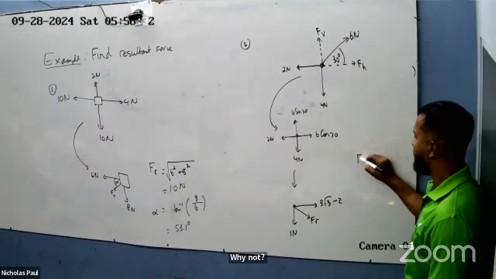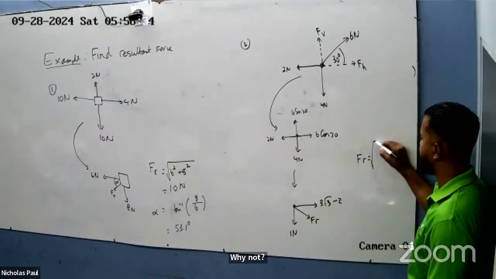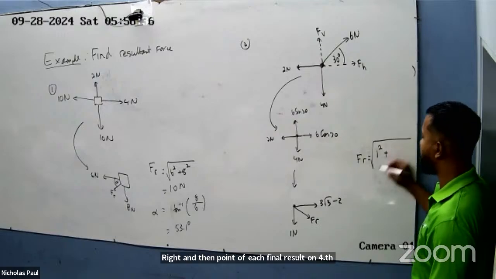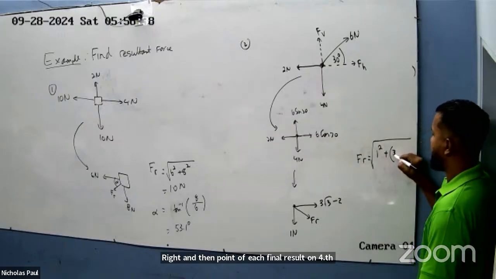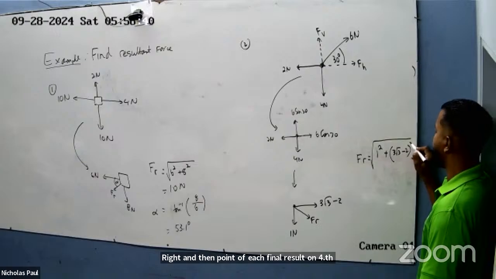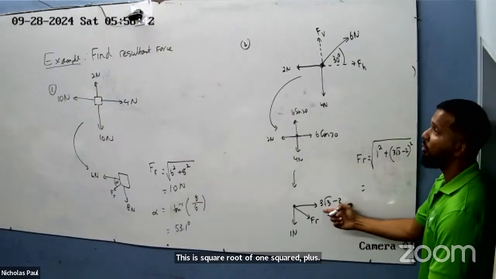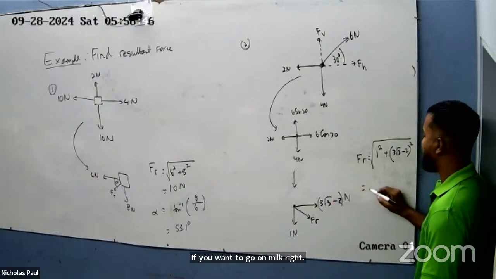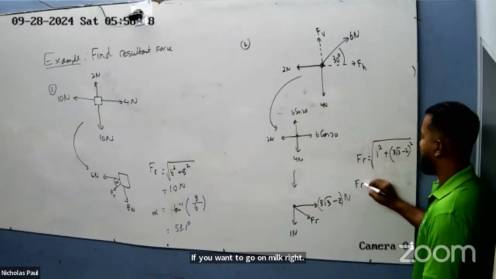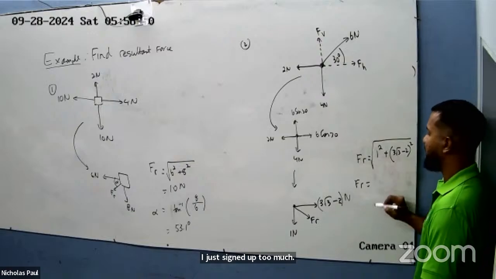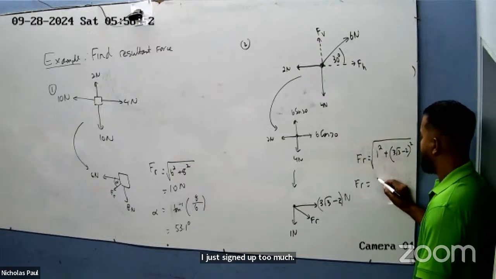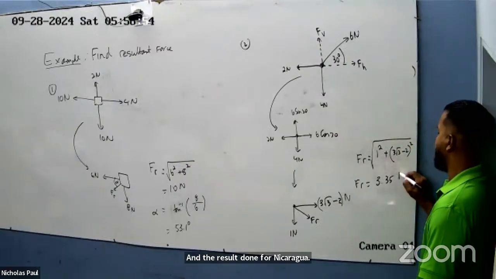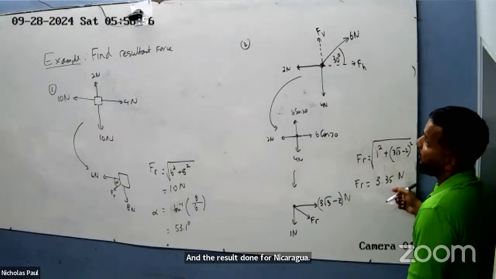And then when you reach here, find the resultant force. That is the square root of 1 squared plus 3 root 3 minus 2 squared. If you want to round up here, that's okay, right? I just try not to round up too much. And the resultant force, you can round up here, obviously. 3.35 Newton. That's the resultant force.